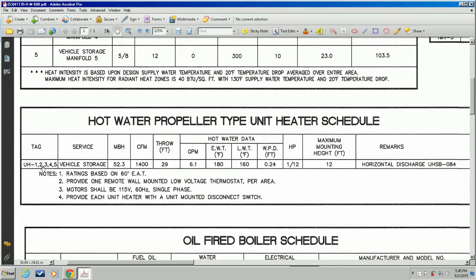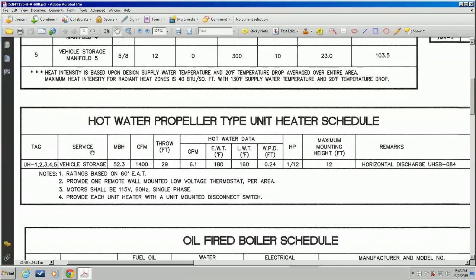However, we should check the drawings to make sure that there are 5 units. Some engineers tag units by letter, like UHA, UHB, or some of them tag units by number, UH1, UH2. In this case, it's UH1, 2, 3, 4, and 5. So we want to make sure we verify the quantity of the units that are on the job. And that's done by really looking at the drawings and making sure you're clear on what's on those drawings.